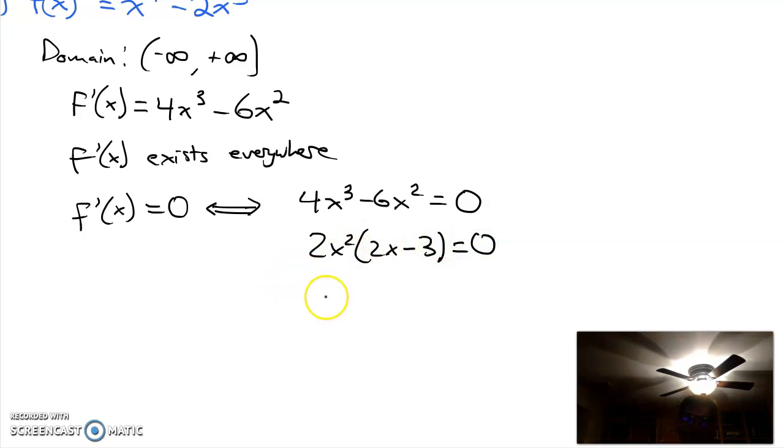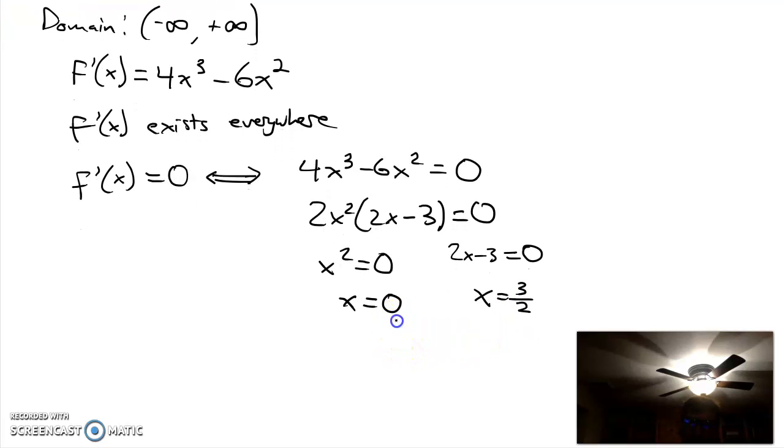So, actually not too bad. I could then say x squared could be 0 by the zero product property, or 2x squared, you might say. So x could be 0. And then 2x minus 3 could also be 0, which would give me x to be 3 halves.